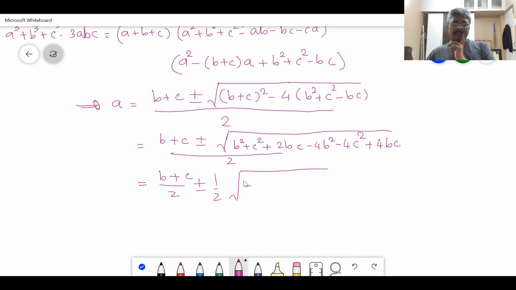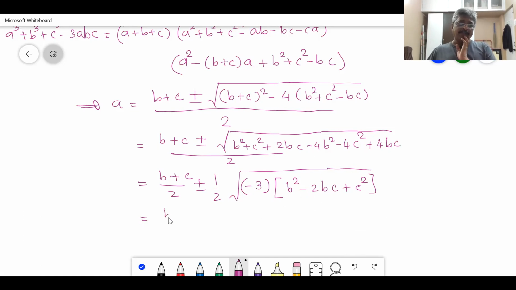Let us take out minus 3 common. And what we are left with is b square minus 2bc plus c square. If you stretch yourself a little bit, you will be comfortable with this.